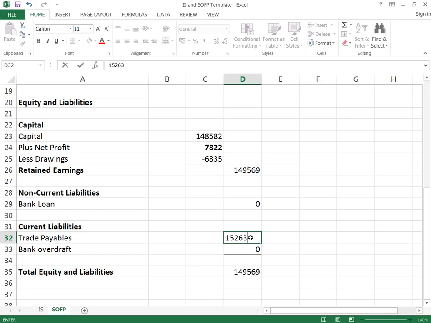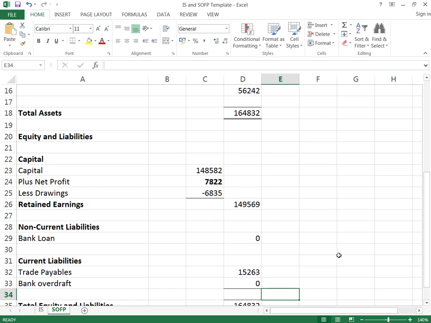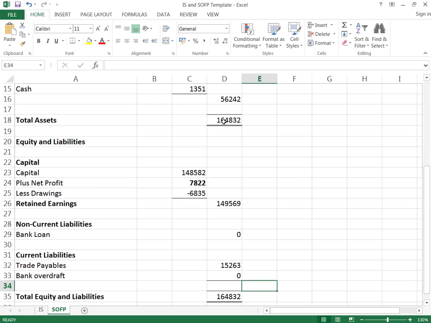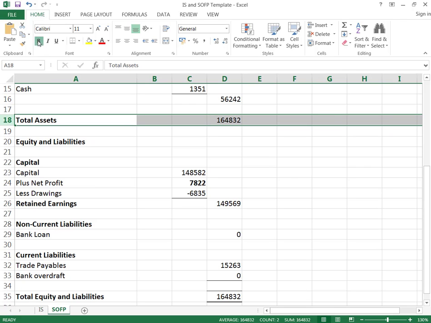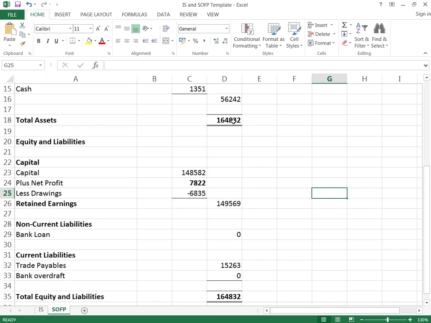So that gives us total equity and liabilities of 164832. Now let me roll back up and see. I'm just going to make that slightly smaller, guys, so we can see both figures. I'm happy to relate that they are the same as each other. There we go, 164832.